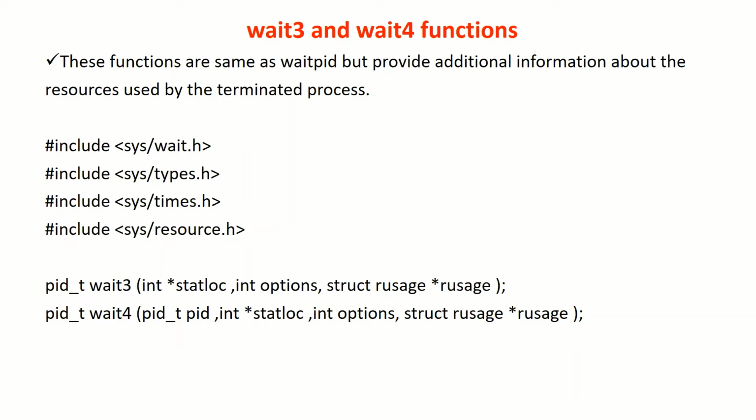If null is passed, no exit status is written. Otherwise, some macros declared within the header file sys/wait.h can be used to evaluate the return status values. We consider many flags under this.